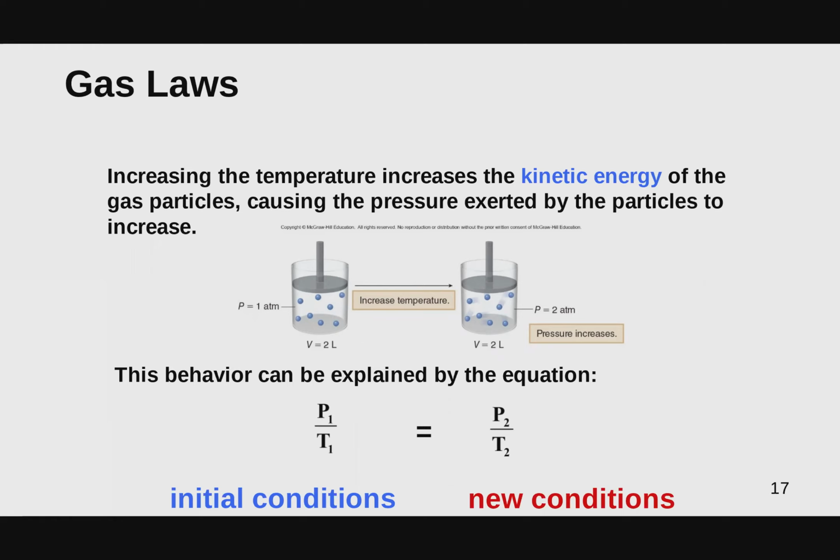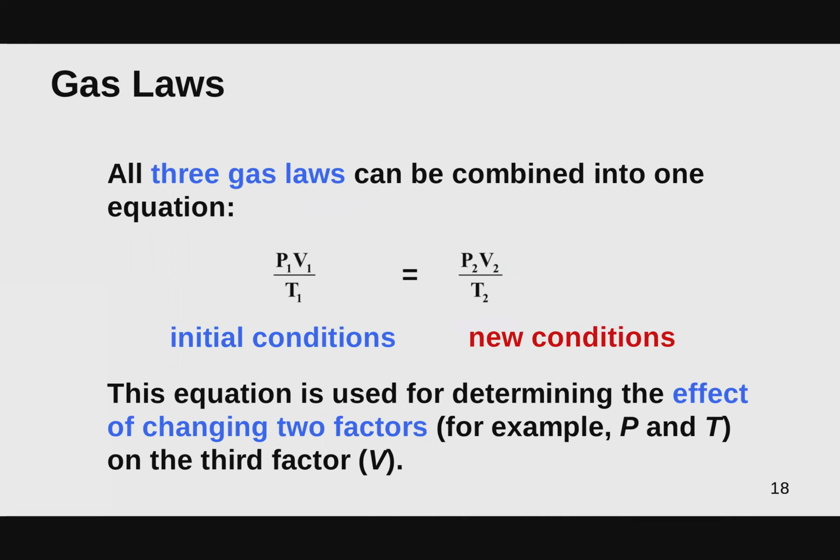Gas molecules bouncing off the container is pressure applied to a container. So as we increase temperature, that increases the kinetic energy of our gas molecules, which means they're moving faster, which means they're more likely to hit the container, thus exerting more pressure on the container. P1 over T1 equals P2 over T2.